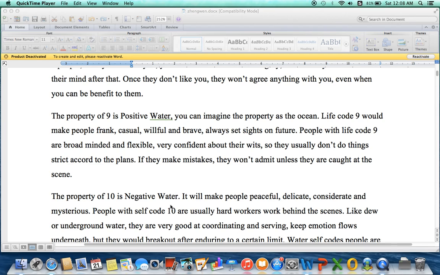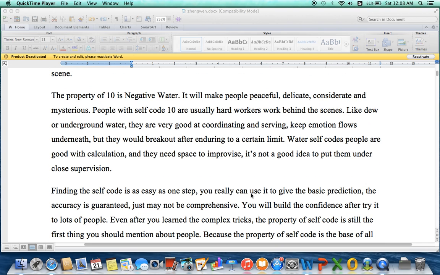Based on their property, we can make some predictions.